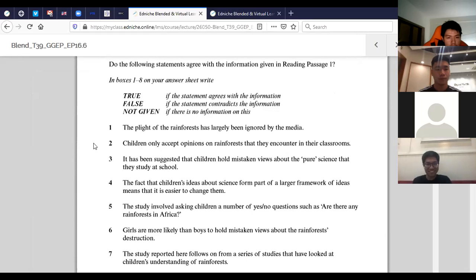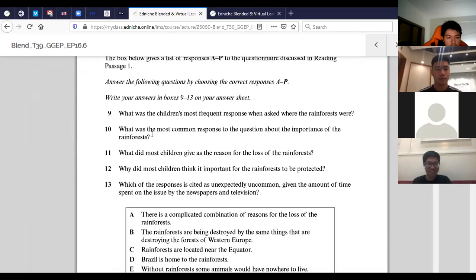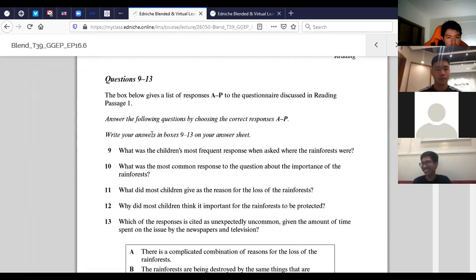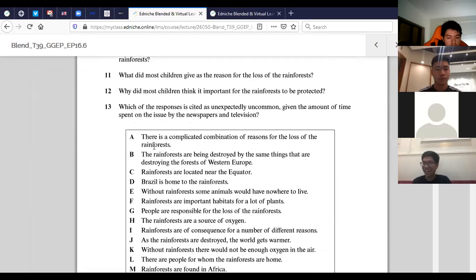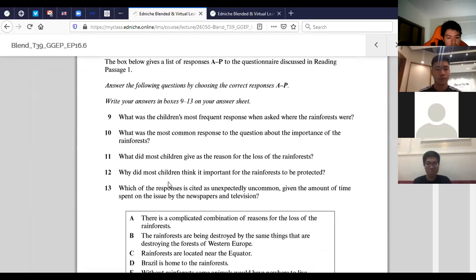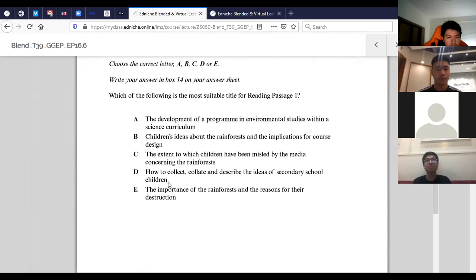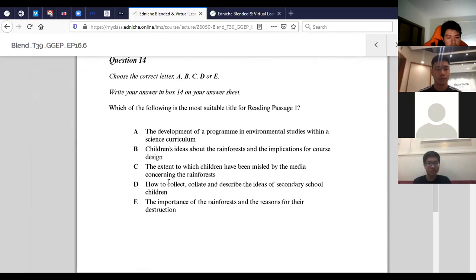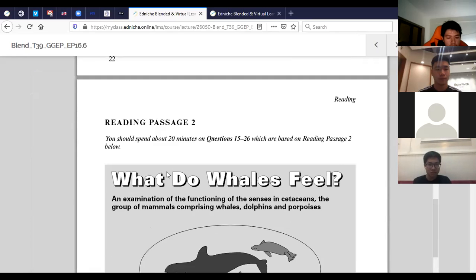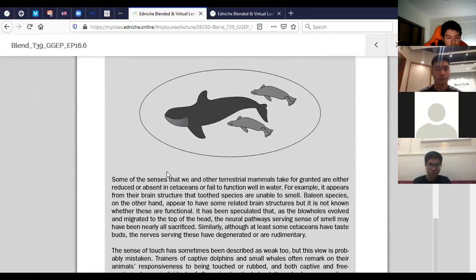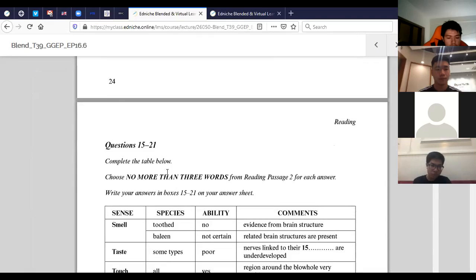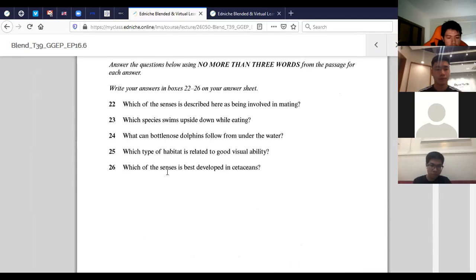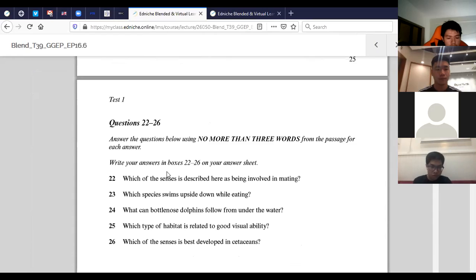So we have true, false, not given. We have answering questions, but this one is easy because you just match from the list. This one, pick 2 of them, answer, title. That might be you, just practice that. Form completion and answering questions like earlier.